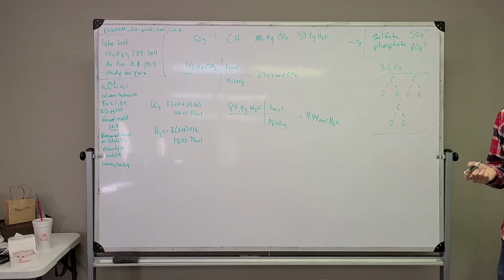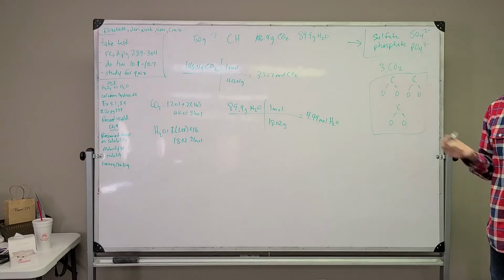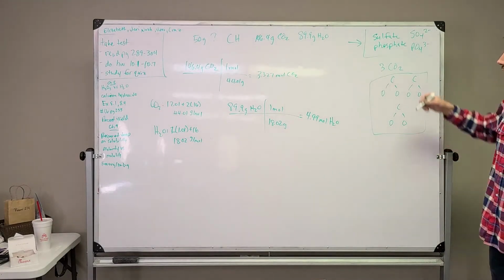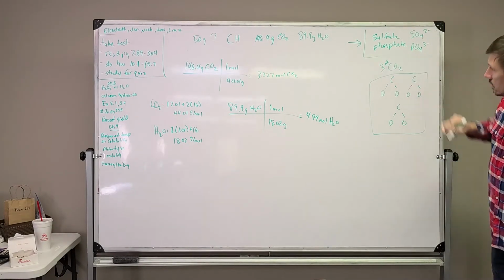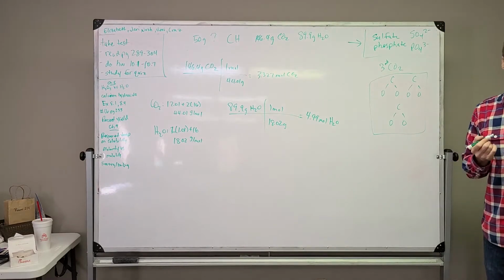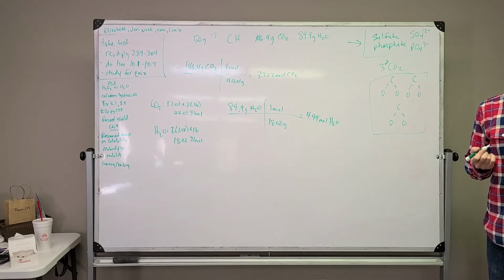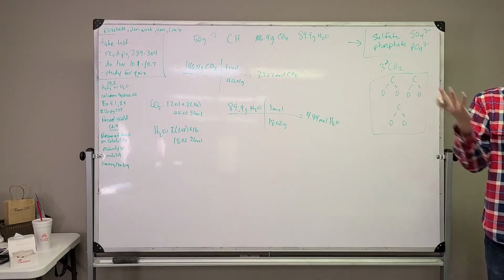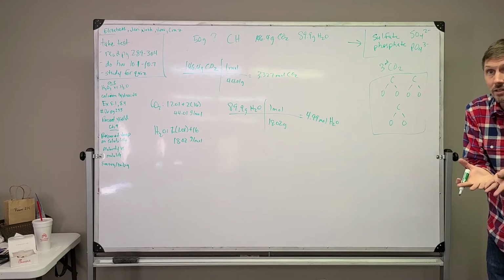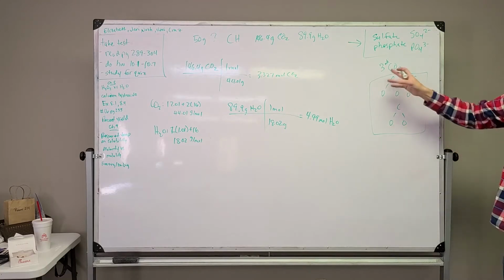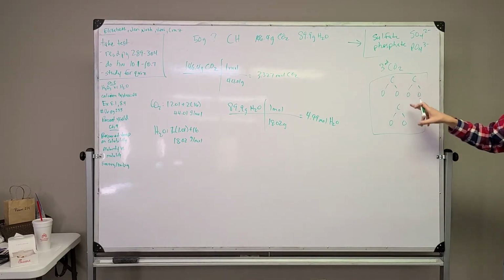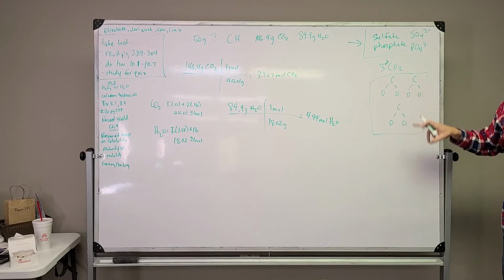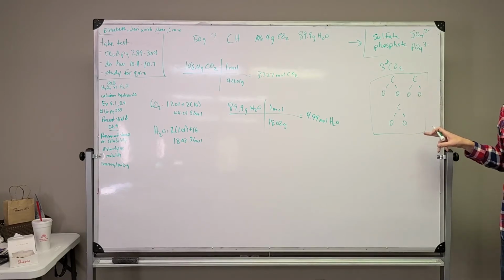But how many oxygen atoms do I have? 6, right? So what if I had 3 moles of CO2? How many carbon atoms would I have? 3 moles, because remember, mole is just a number that designates a quantity, just like the word dozen does, right? So if I have 3 moles of CO2, then I have 3 moles of carbon, and I have 6 moles of oxygen. Does that make sense to everybody?